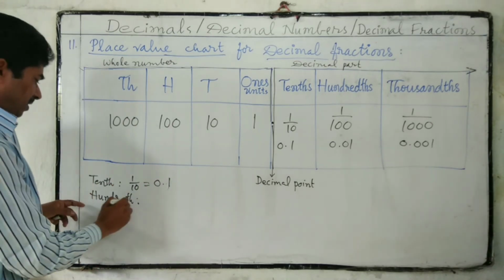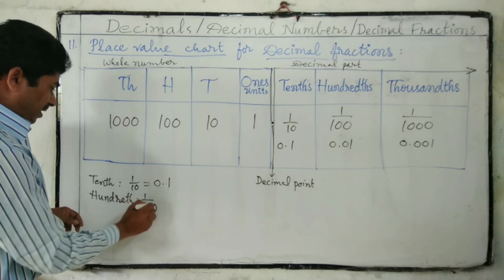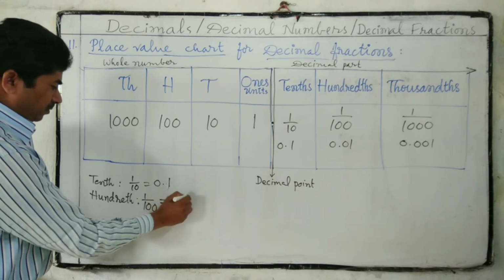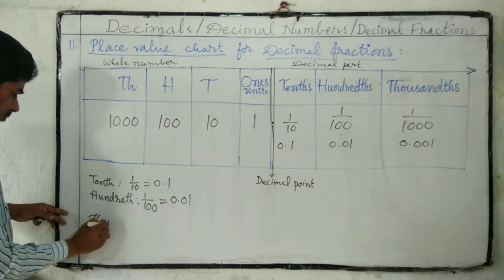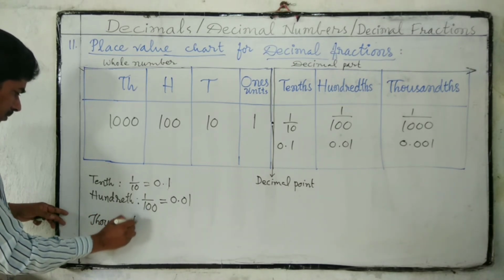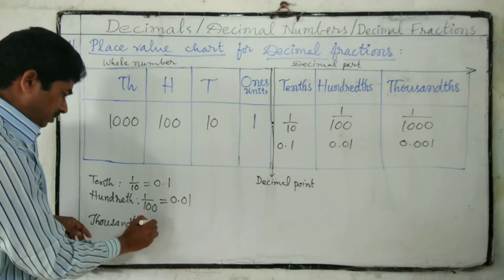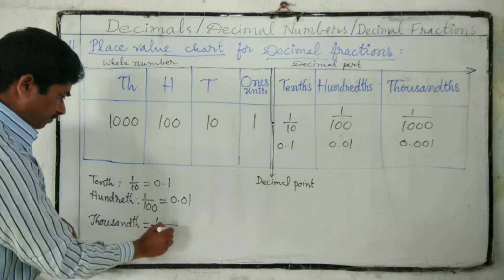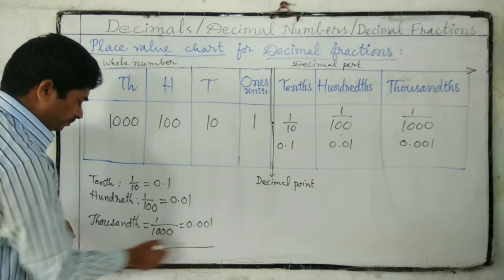What is a hundredth? 1 part of 100, 1 by 100, that is called 0.01. What is a thousandth? 1000th part of 1, 1 by 1000, that is called 0.001.